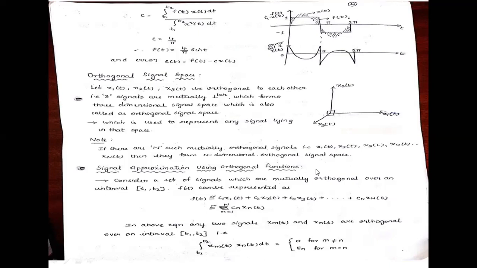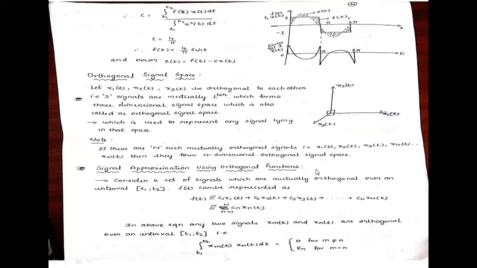Now we discussed the orthogonal signal space having n number of signals. That n number of signals I consider as f of t. So f of t is approximately the c function. How did we get this equation? There is no error.